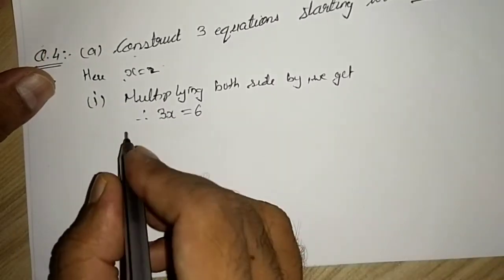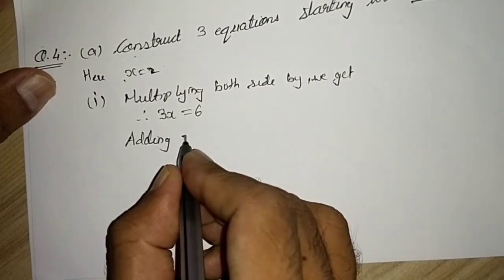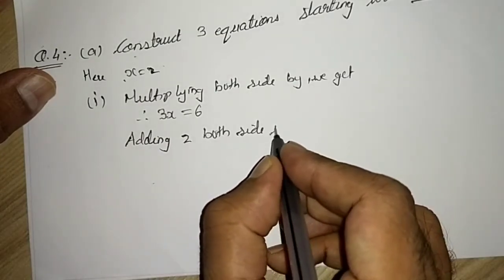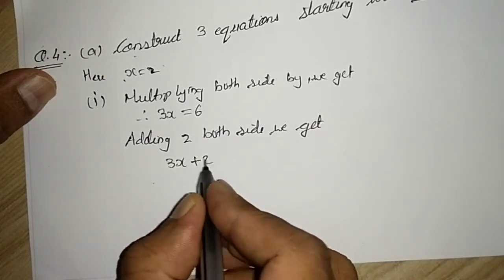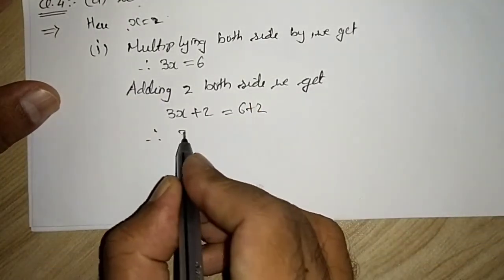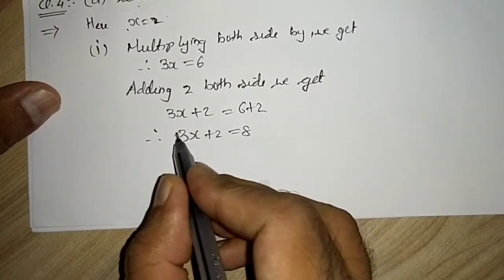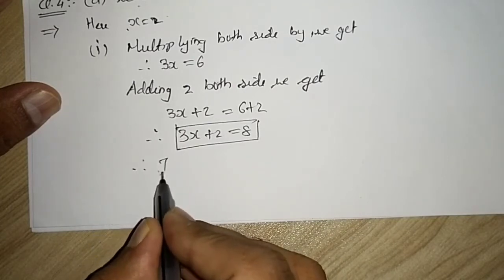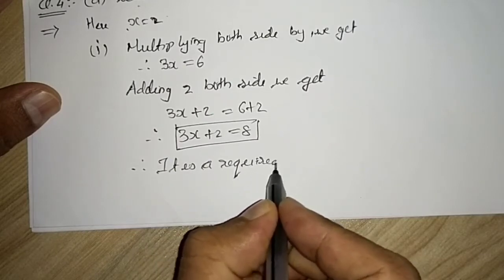Now next we will write adding 2 both sides, we get 3x plus 2, this side plus 2 and also that side plus 2, so we will get 3x plus 2 is equal to 8. Does it look like an equation? Yes. So we will write therefore it is a required equation.